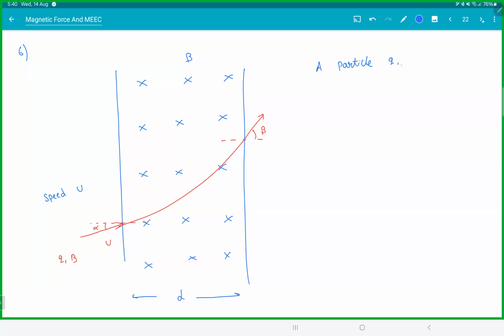A particle of charge q and mass m enters into a region of magnetic field at angle alpha and leaves at beta.